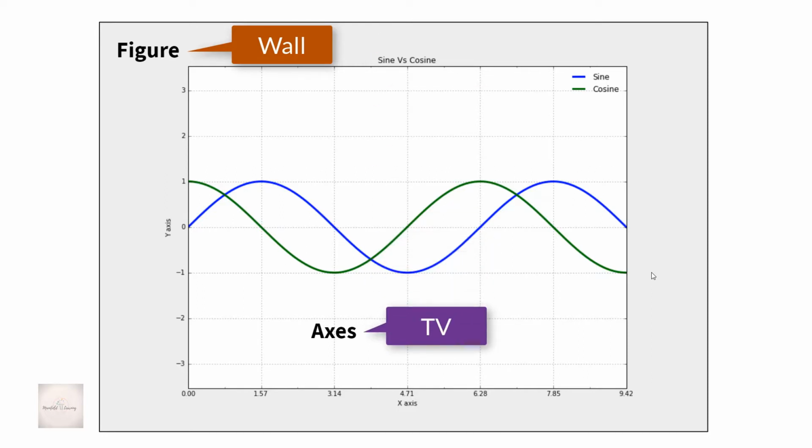So this figure is actually a blank canvas or the topmost layer of the plot, which constitutes subplots, axes, titles, legends, everything. It's a kind of big picture. Wherein this axis is something where we can actually write our own x-axis limits, y-axis limits, their labels and many more.